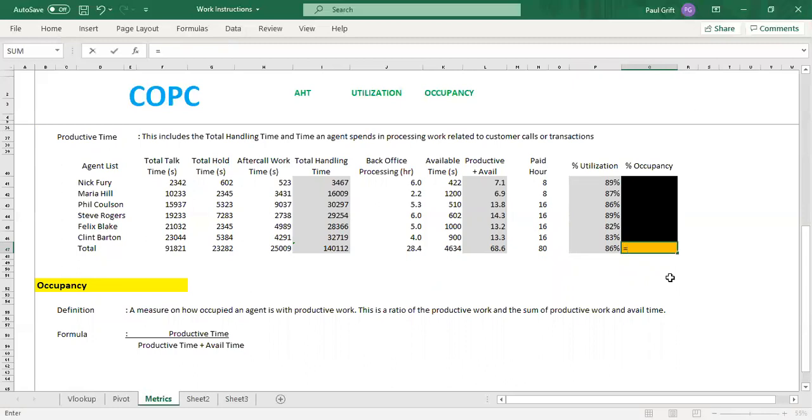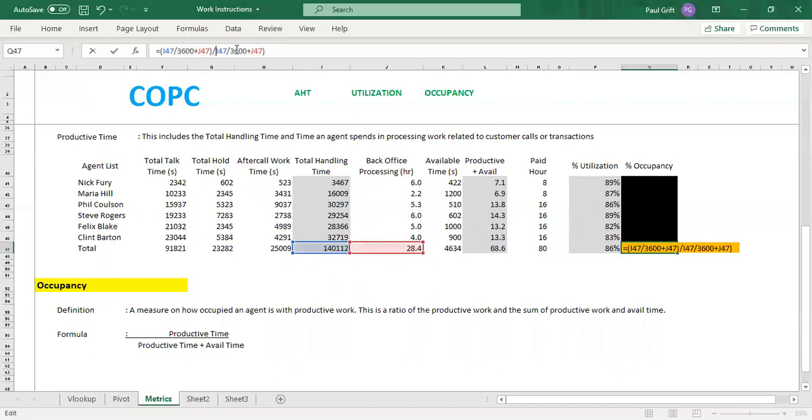So let's see. Applying the formula, the productive time here is the handling time. Let's just convert it into hours, plus the back office. And this all over the productive time, which is again this.